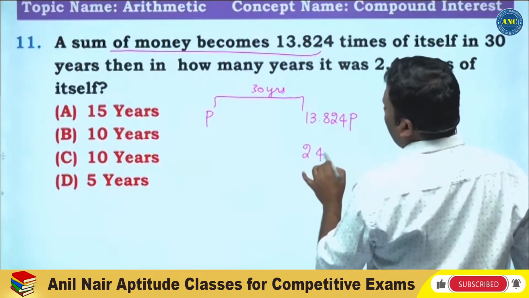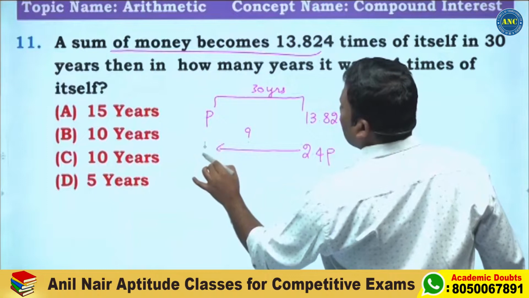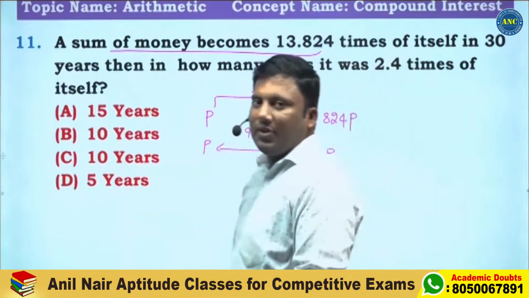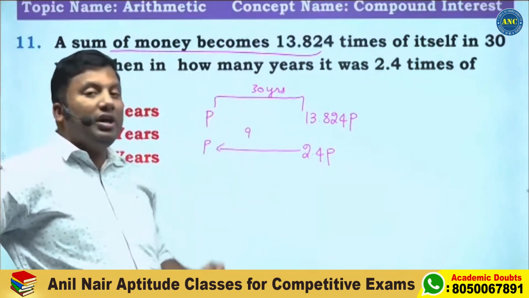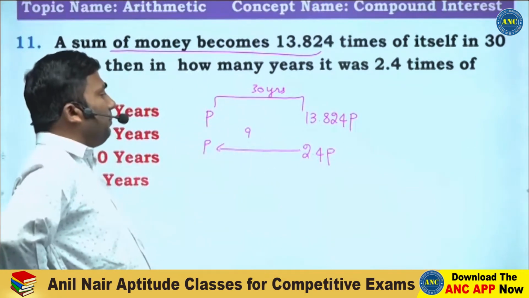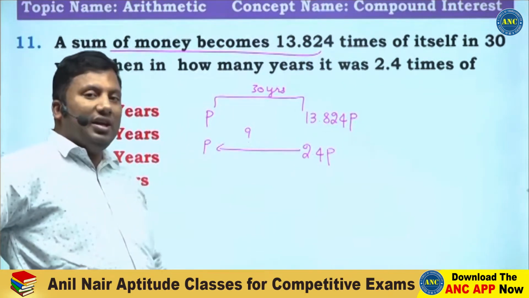This is the question. There is a certain sum of money which is becoming 13.824 times the principal. For it to become 2.4 times the principal, how many years will it take?